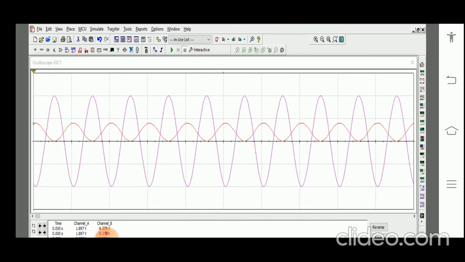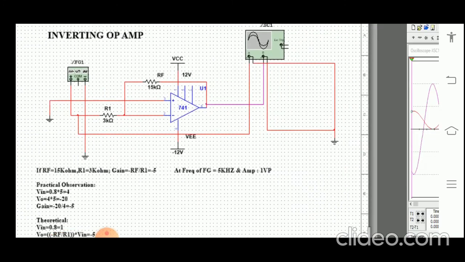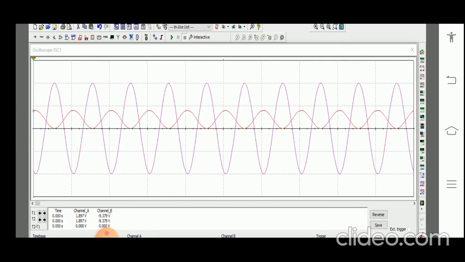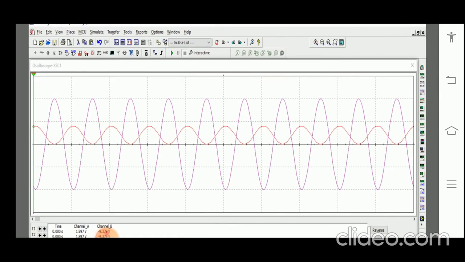Okay, so the red one indicates your input, and your pink indicates your output. So when the construction of our circuit diagram is finished, after that when we run this multisim software and click the CRO, we are getting this waveform.